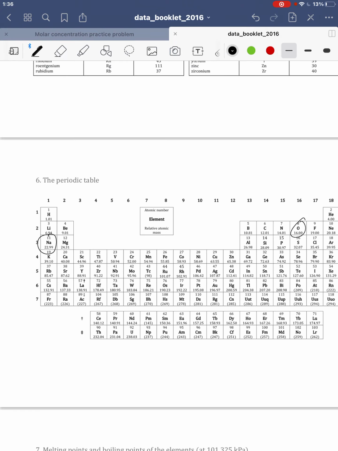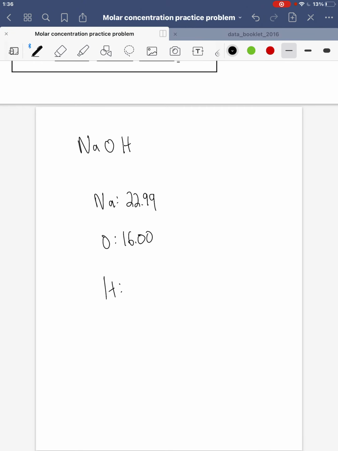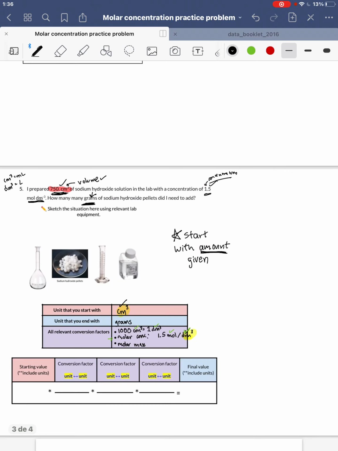Hydrogen is 1.01. Not 10. And if I added everything correctly, we should get 40. The units for molar mass? Hopefully you're telling yourself grams per mole. So molar mass, 40 grams per mole.